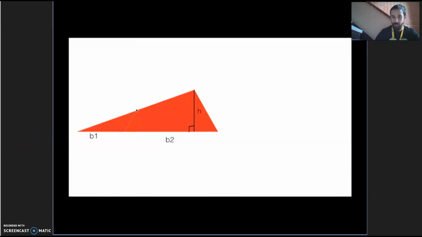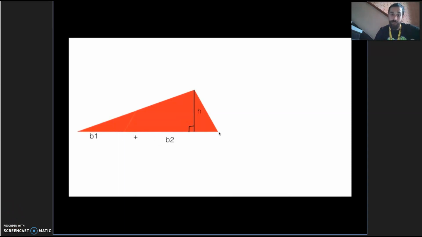And we should be familiar with how to find the area of a triangle, right? So he now has the bases together and then has a triangle, right? So we need to think about how to use the area of a triangle to find the area of the trapezoid.